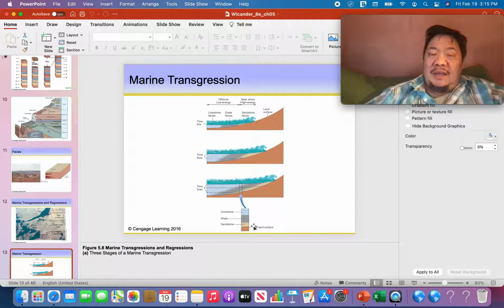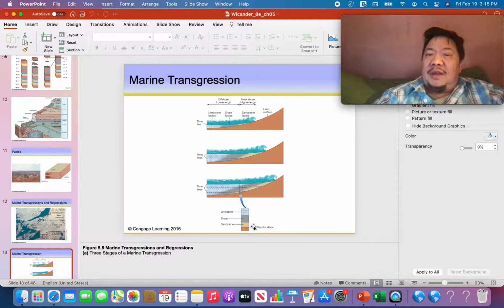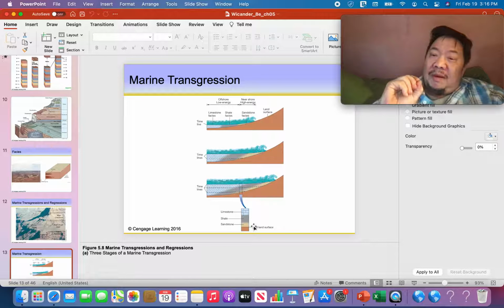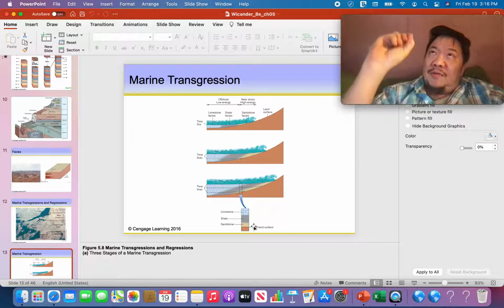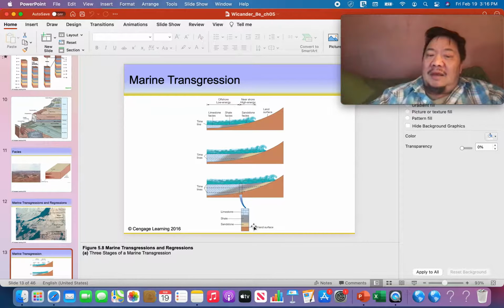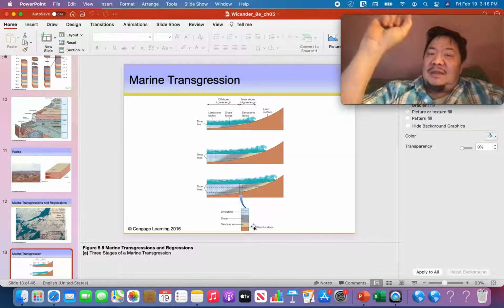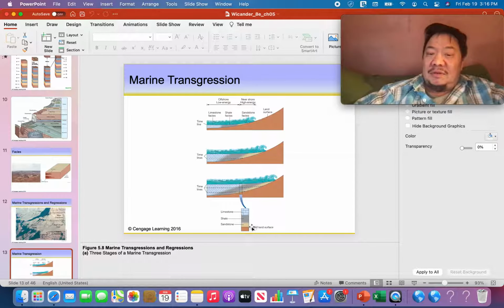Another way of saying it is, if you're looking at different sedimentary beds, an easy way to tell if you're looking at a transgressive sequence or regressive sequence is this: if it is a transgressive sequence, the size of the particles should become finer or smaller as you move upwards to the younger rocks. I'll repeat that. When particle size, grain size, decreases, becomes finer as you go to the younger rocks, which are on top, that's a transgressive sequence.